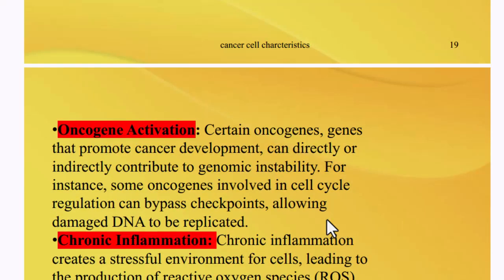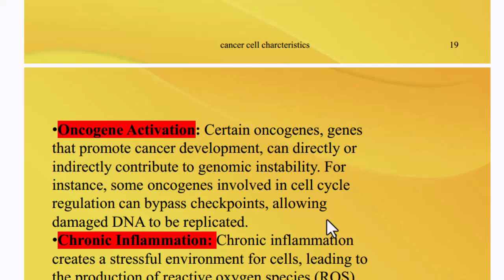Oncogene activation. Certain oncogenes that promote cancer development can directly or indirectly contribute to genomic instability. For instance, some oncogenes involved in cell cycle regulation can bypass checkpoints, allowing damaged DNA to be replicated. Chronic inflammation.